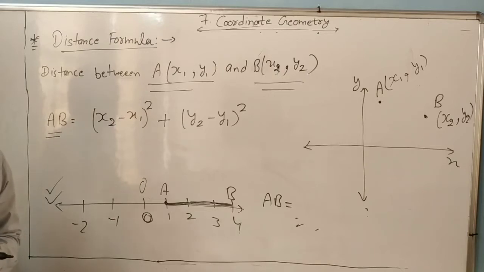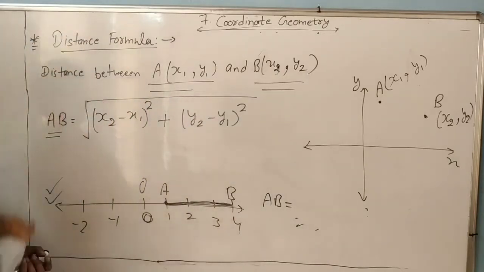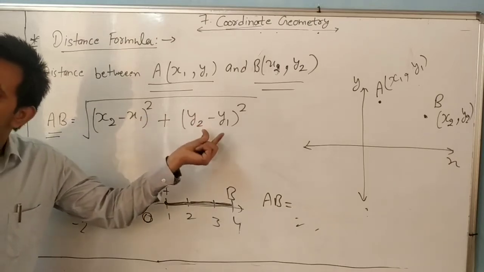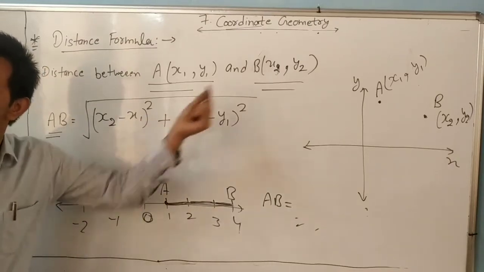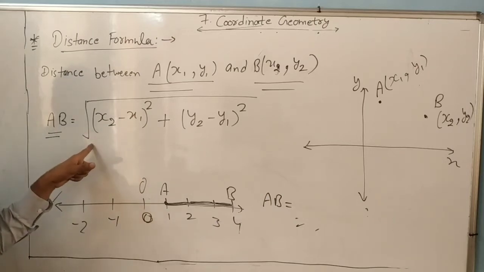Understand? And in the last, under the root, it is the formula. Very simple. Take the difference of the x coordinates and the y coordinates, add them, and take the square root. Do you know its symbol? Square root or not?